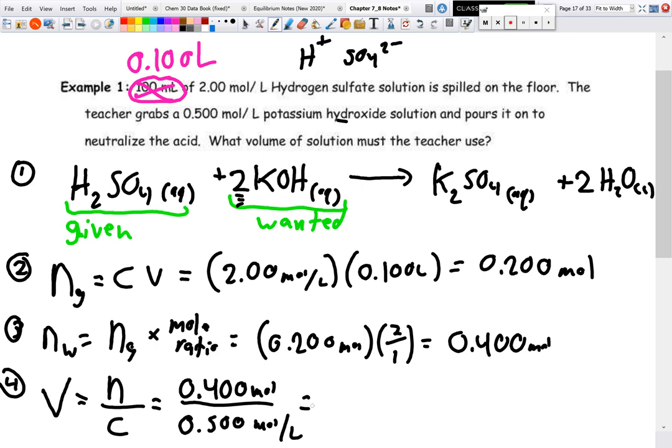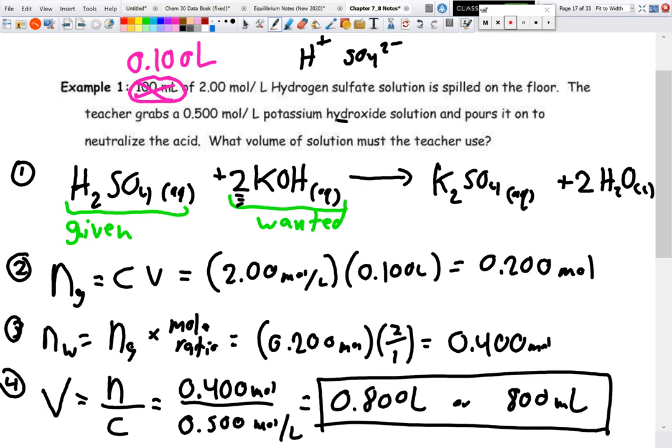And of course, when we do this one, we get a value of 0.800 liters or 800 milliliters. Both answers will be acceptable. And that is how we use solution stoichiometry to solve our problems.